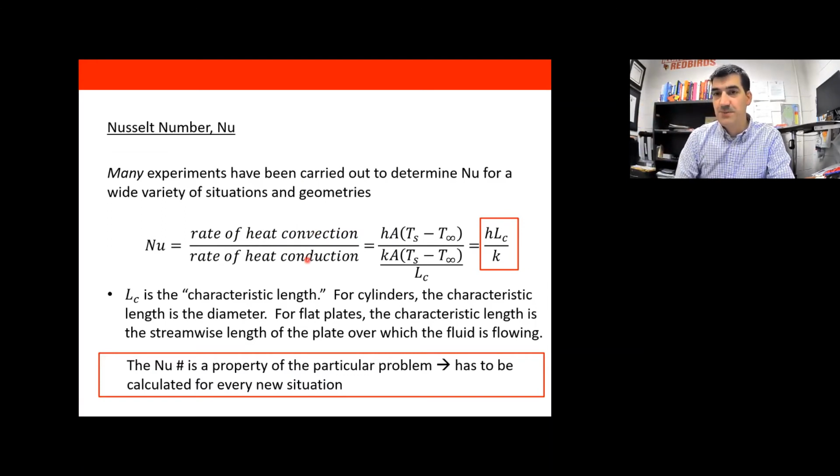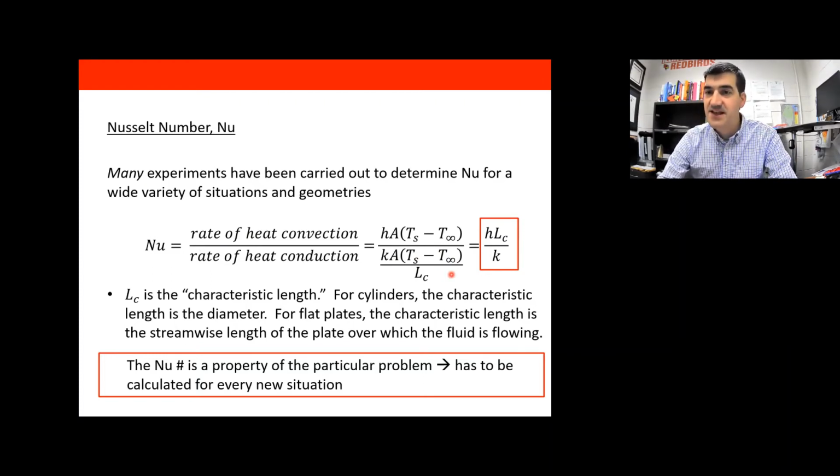So we plug in our equation for heat convection, that's Newton's law of cooling, and we plug in our equation for the rate of heat conduction, where L sub C is like delta X, right? So this turns out to be the equation for heat conduction in our convection problem.